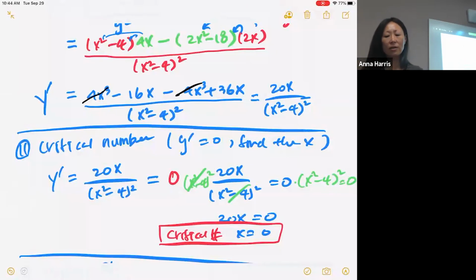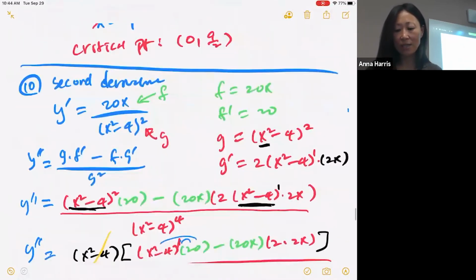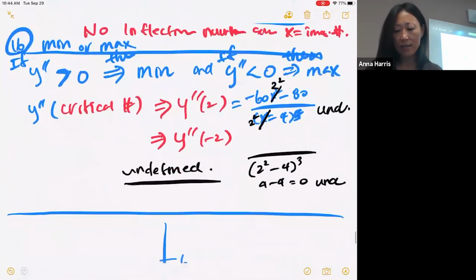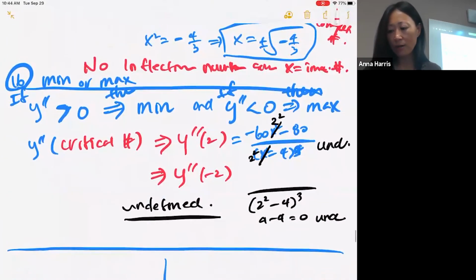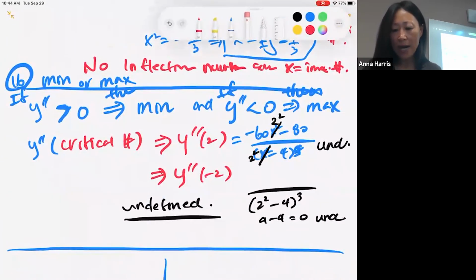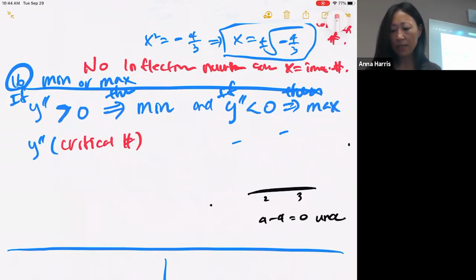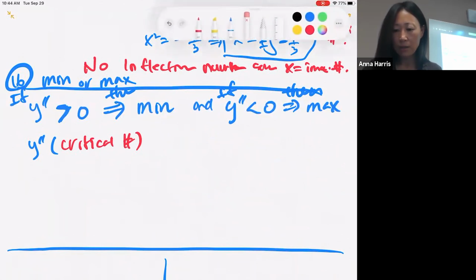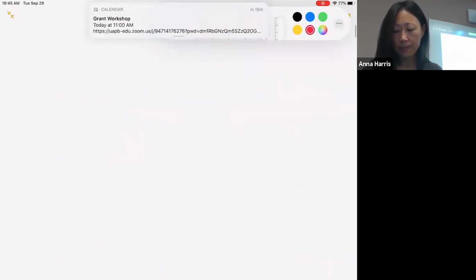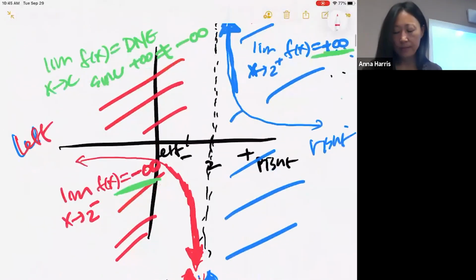What's my critical number? x equals 0, not 2 and negative 2. So excuse me, this problem right here is wrong, right? I need to erase this part. Sorry about that. My critical number is not 2 and negative 2. What's my critical number? 0. Sorry about that, class. I didn't look at my critical numbers correctly. So my critical number is 0.